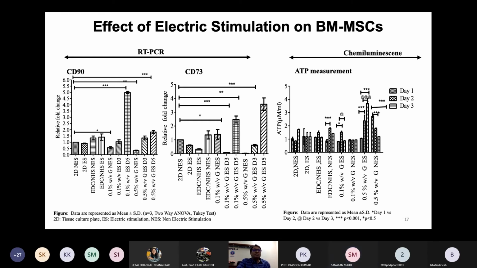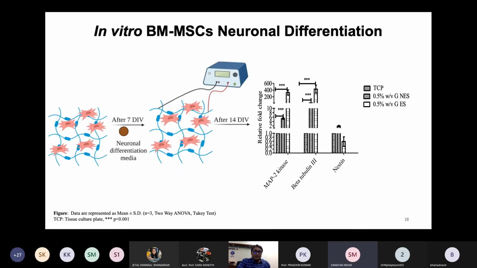Even without stimulus or with stimulus, it is not changing the expression much, and the data is comparable with two-dimensional studies. But in 0.5% graphene, when we stimulate the current, it shows a higher expression of both these markers, which confirms that BMSC has very good stemness in the whole process.